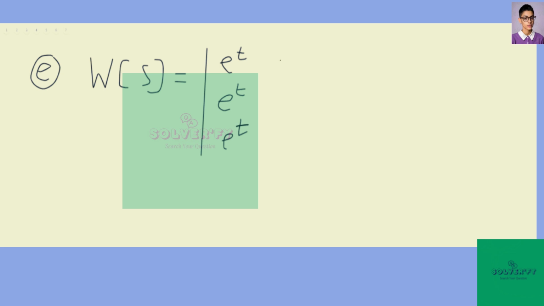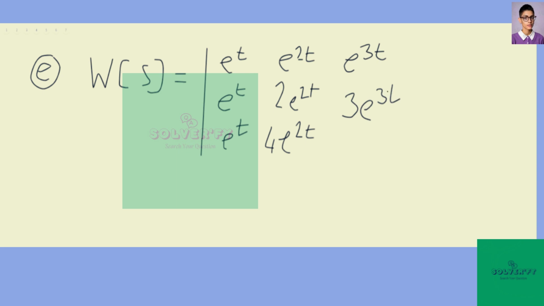Second column is the second vector, e to the 2t, 2 e to the 2t, 4 e to the 2t. Then the third one is e to the 3t, 3 e to the 3t, 9 e to the 3t.